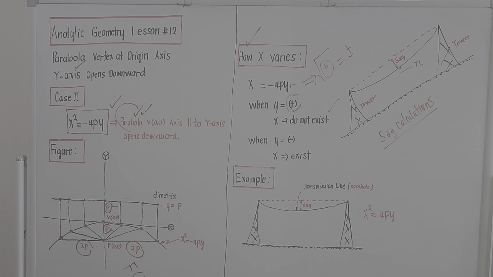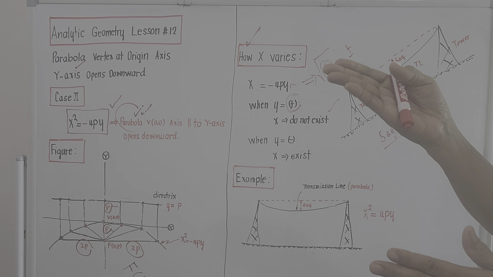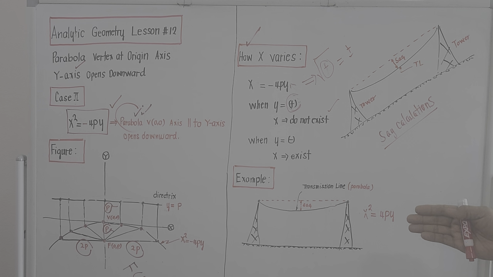So this is now an application of the parabola in real life. So when we say we hang a transmission line between tower number 1 and number 2, and they are at the same level, how the cable actually behaves as it is being hung, it behaves like a parabola.